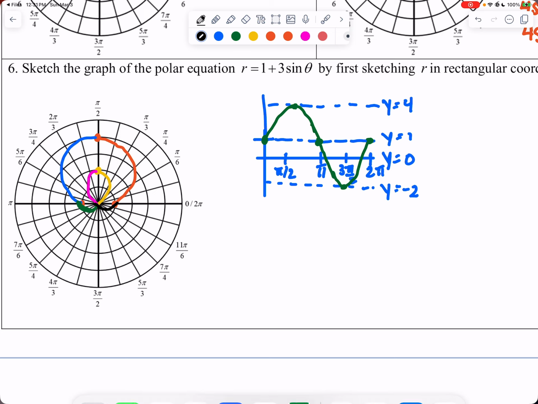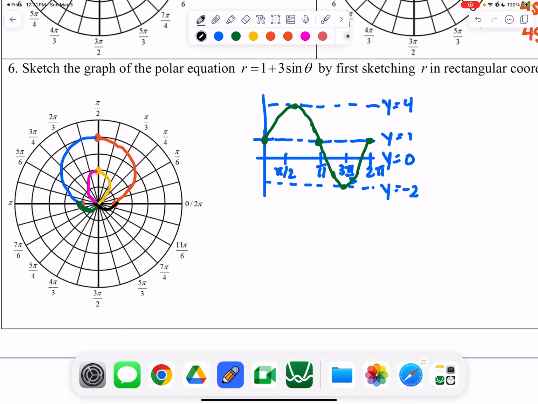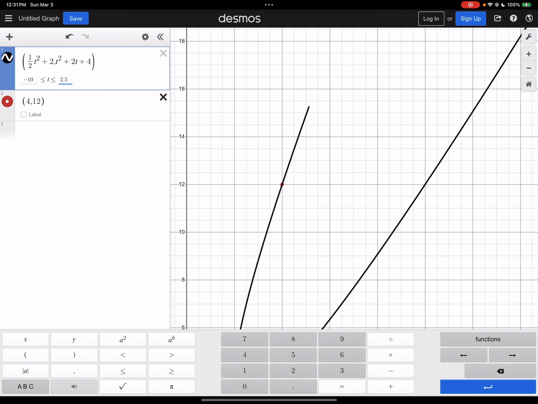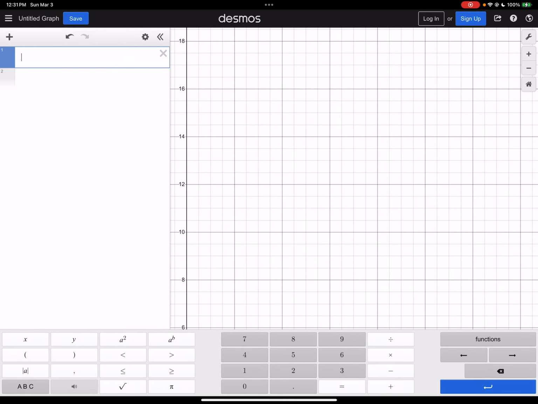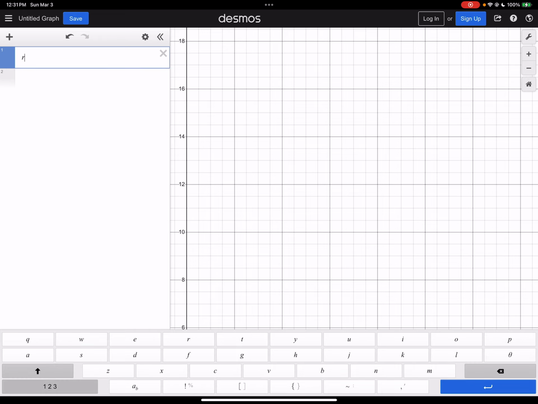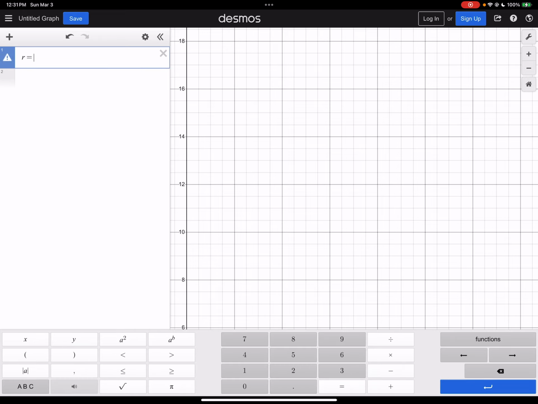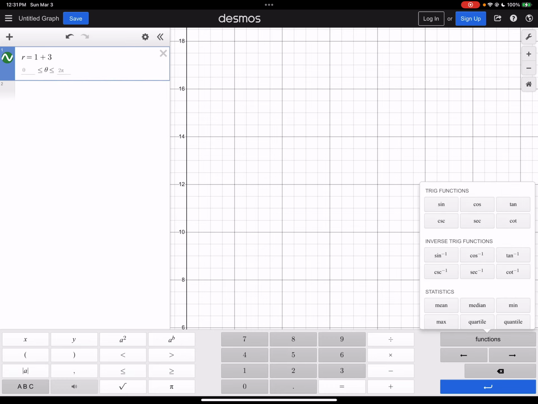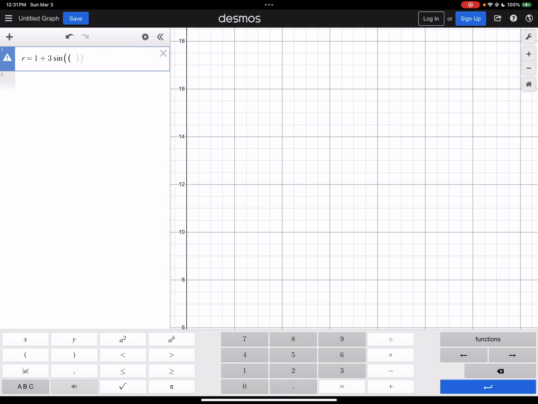Now, what I'm going to do also is actually graph this on Desmos so that you could see how that looks. So r is equal to 1 plus 3 sine of theta. Oops.